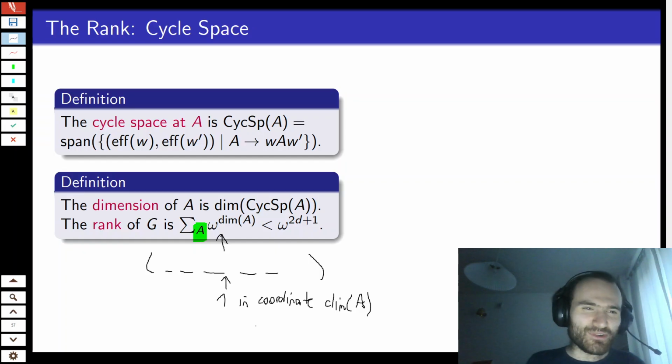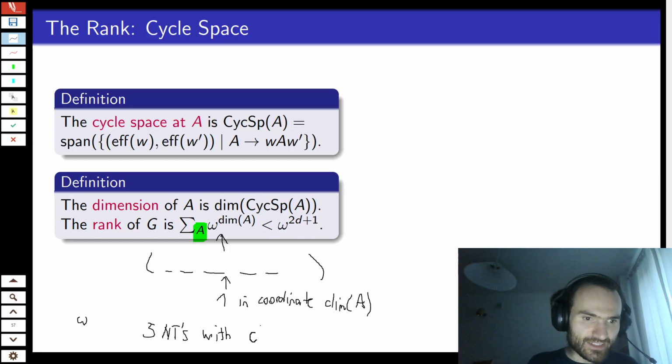If you have a dimension 1, then your rank is omega. But if you have 5 non-terminals with dimension 0, then you have rank 5.